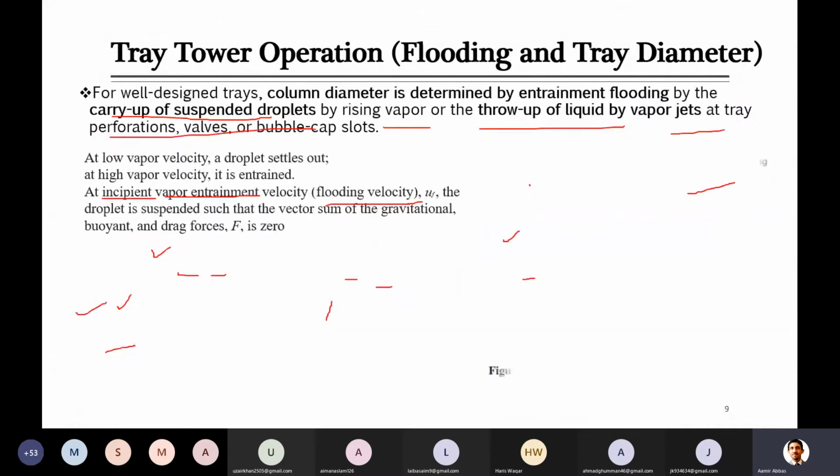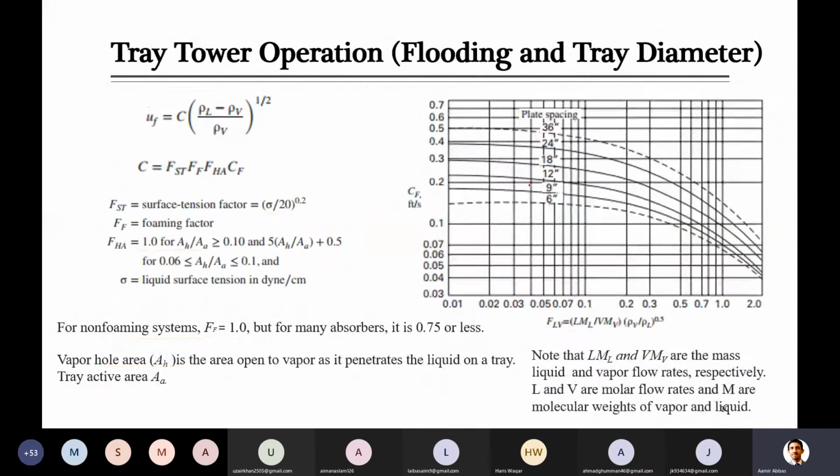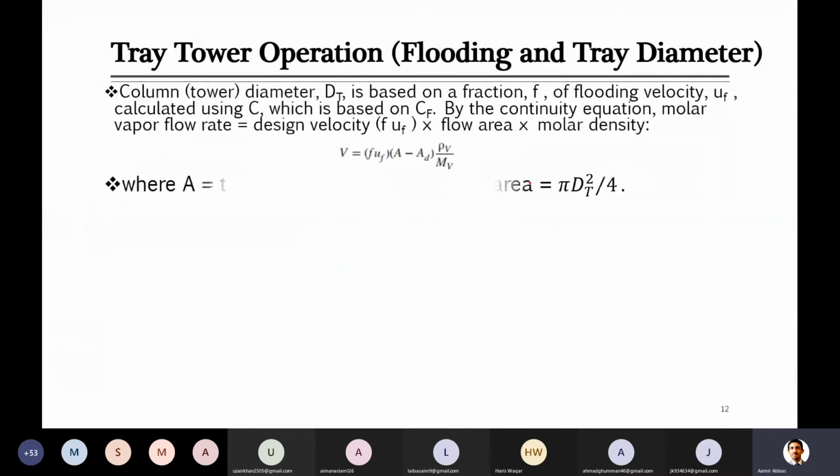When we look at the diameter of the tower, it should be based on something less than the flooding velocity, some fraction of the flooding velocity. We just don't touch the exact flooding velocity; we will keep it below its value, below the 100% of this.